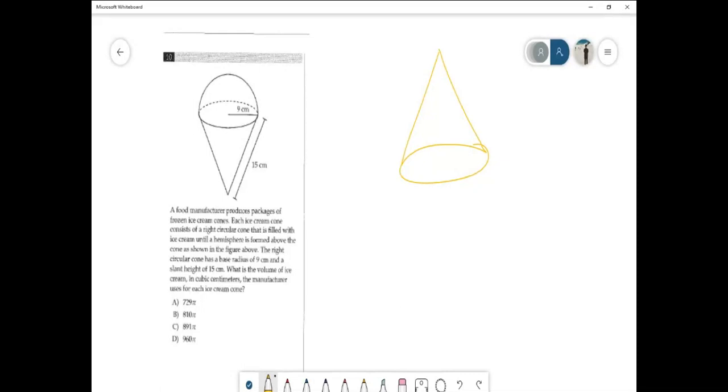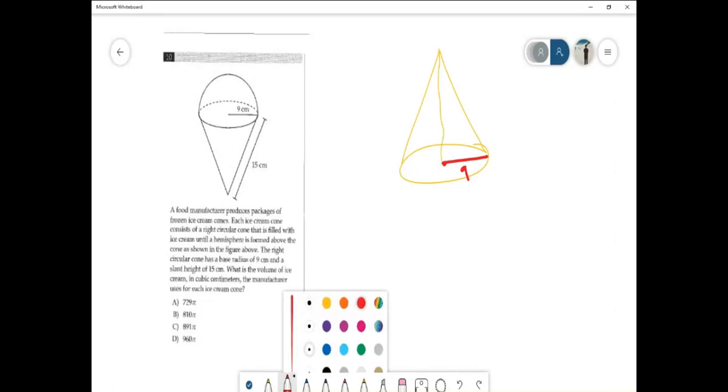Each ice cream cone consists of a right circular cone. Then it means we have a right circular cone like this at the bottom that is filled with ice cream until a hemisphere. A hemisphere is half of a sphere. A hemisphere is formed above the cone as shown in the figure above.